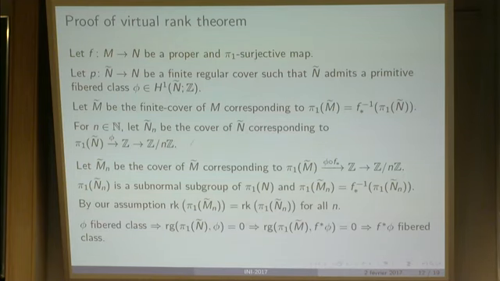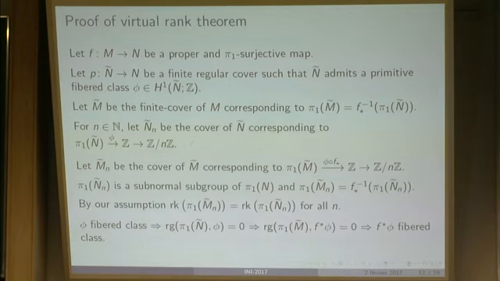And you have the corresponding cyclic covering of M tilde. Then the fact that the ranks are the same shows that since phi is a fibered class, the rank gradient of pi1 N tilde is 0, but it's equal to the rank gradient of pi1 M tilde, because the hypothesis is that this covering has the same rank. And so it means that the pullback of the class must be a fibered class.